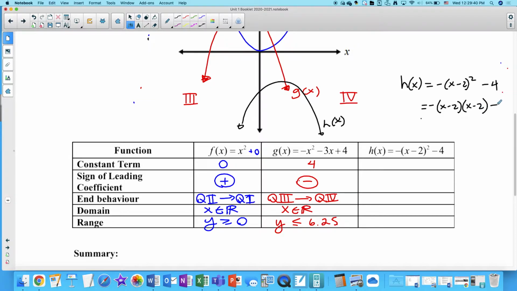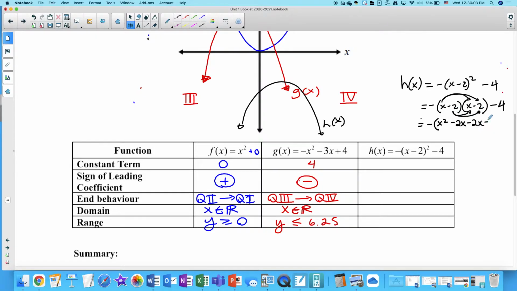Now I have to expand out the multiplication of these two binomials. So negative x times x is x squared, and then x times negative 2 is minus 2x. Negative 2 times x is minus another 2x. And negative 2 times negative 2 is plus 4.